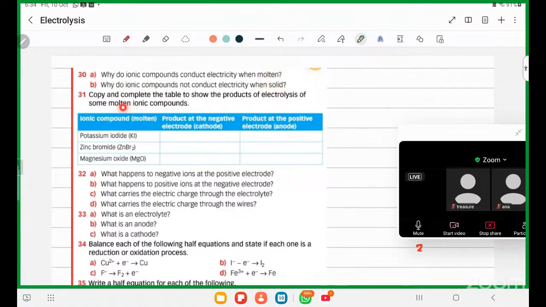And they want you to copy and complete the table to show the product of electrolysis. So do questions 30 and 31 now. Do those ones first. And when you finish that, we move to the next. Can you do that quickly? Question 30, A and B. Then question 31. Do that quickly, please.